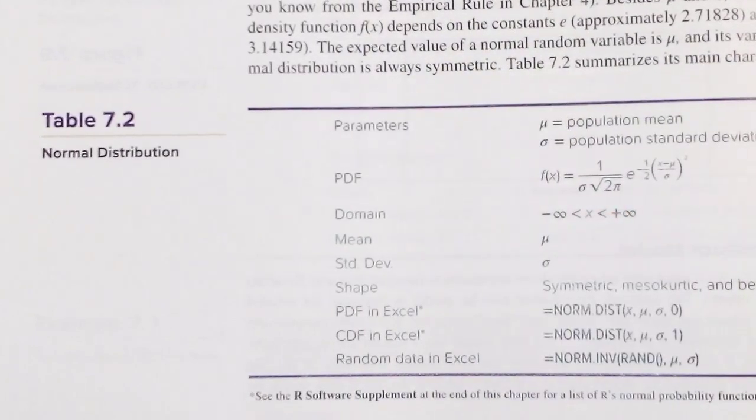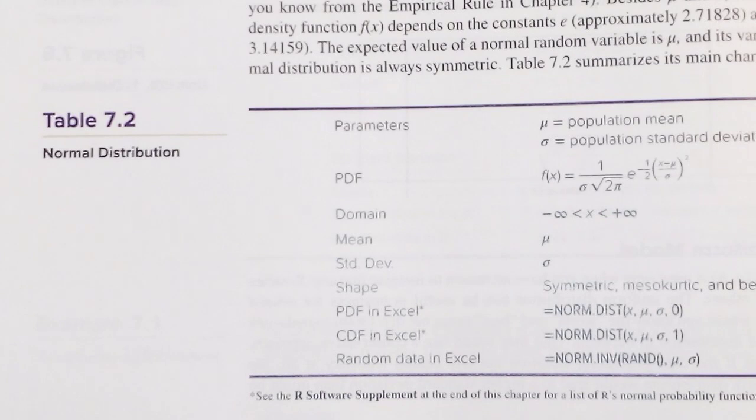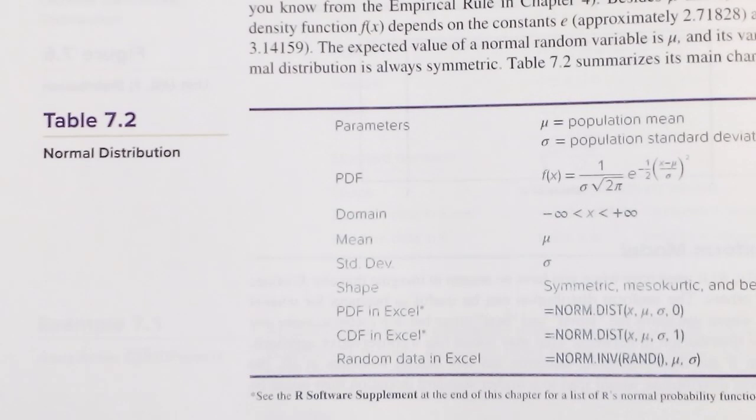I am never, ever going to use that formula. Not once. The CDF cannot be written down using any nice notation other than it's the area under that thing. So as far as algebra goes, I'm not doing this.